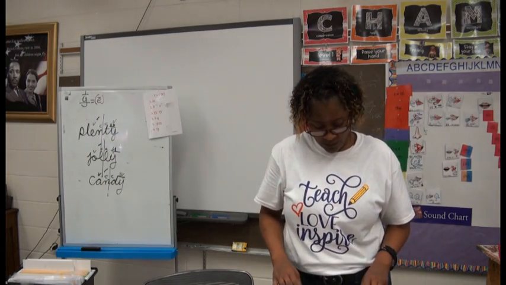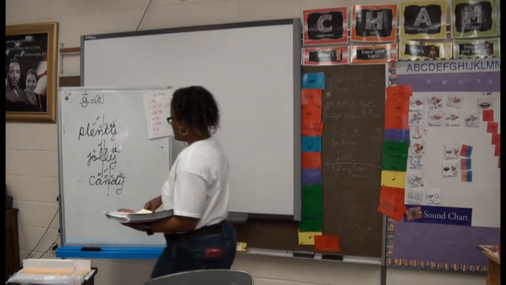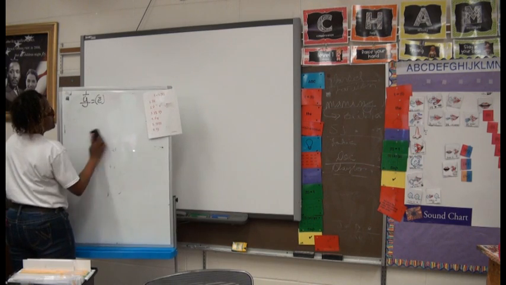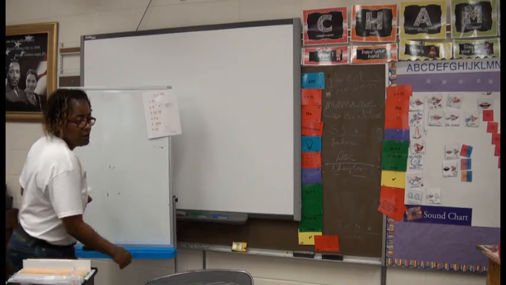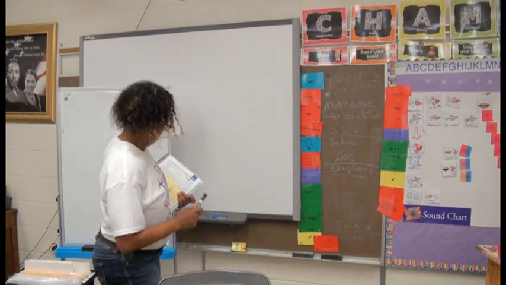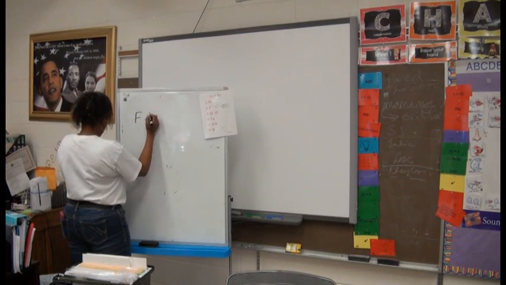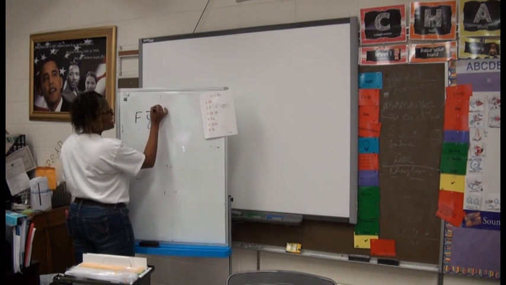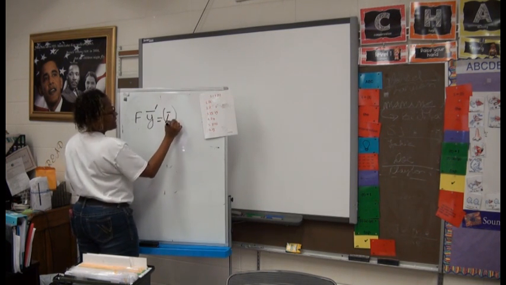So we learned two things thus far. We know, put this up here. When we have, in that final position, a Y, and it is long, and it is in the accented syllable, it makes the long I sound, right?